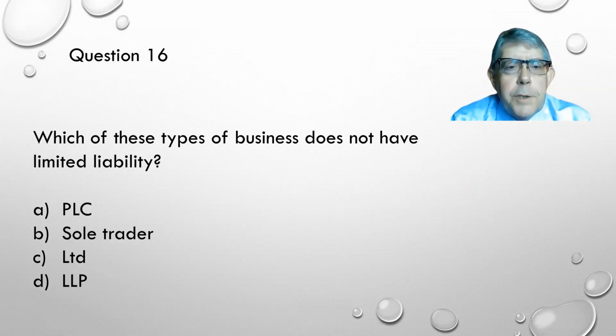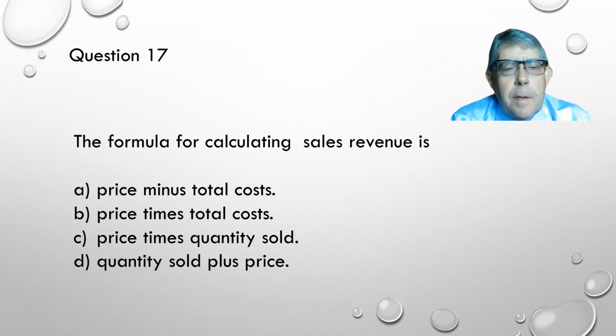Question 16. Which of these types of business does not have limited liability? A, a PLC, B, a sole trader, C, a limited company, D, a limited liability partnership? Question 17.